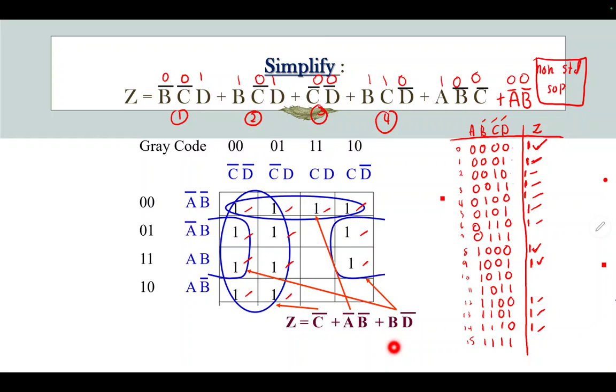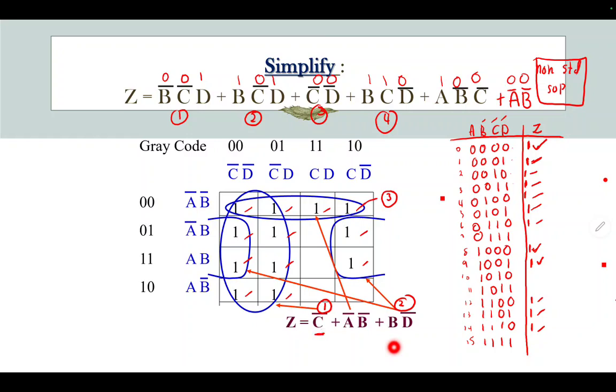The grouping shown here: number 1 is a group of 8, number 2 is a group of 4, and number 3 is a group of 4. For number 1, you don't read A and B, you just read C and D. C is 0 and 0, D changes state, so you just read C bar.